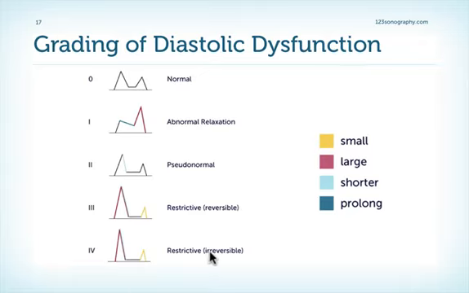We would call it irreversible. We'll talk later about how we can actually reverse a signal. Here too we have a shorter deceleration time. As a matter of fact, the higher the left ventricular filling pressures are, the shorter usually the deceleration time gets in restrictive filling pattern.